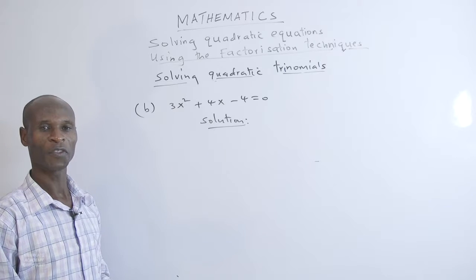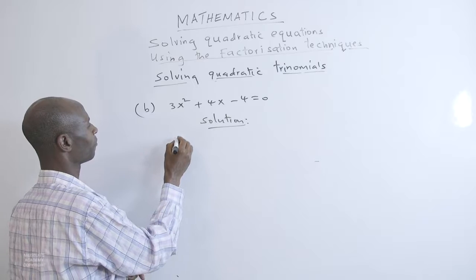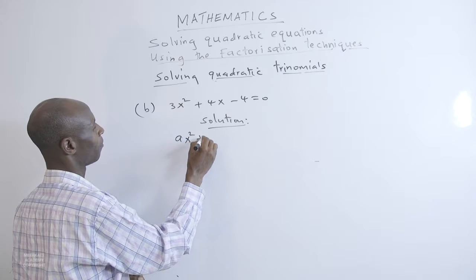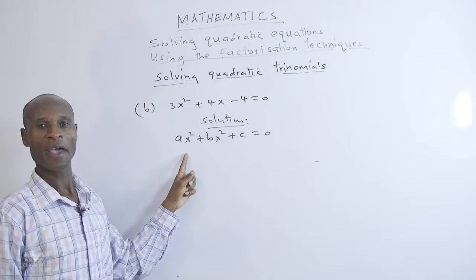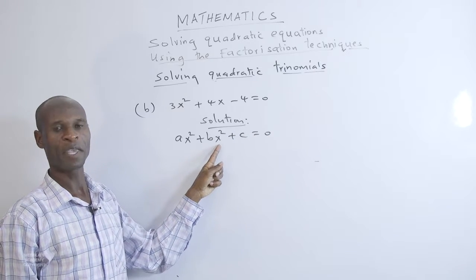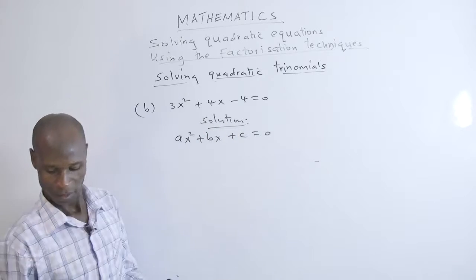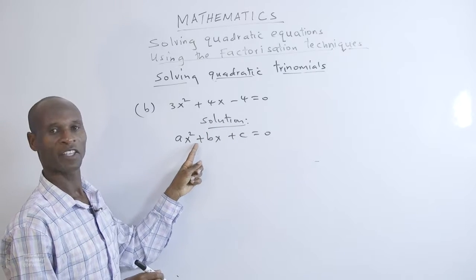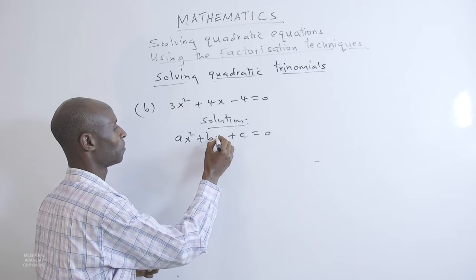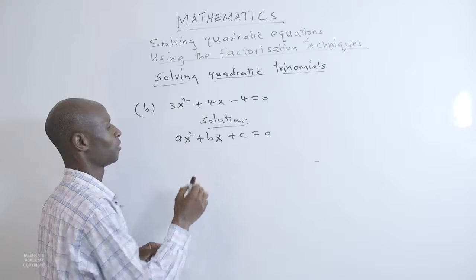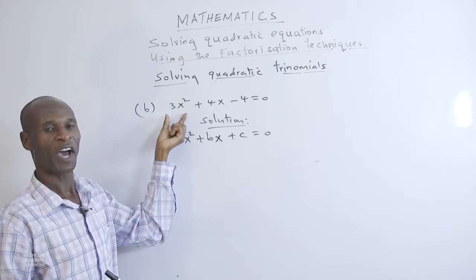Now, as I mentioned, the first thing we do is to express it in the form ax squared plus bx plus c is equal to 0. So at this point, our equation is already in that form.